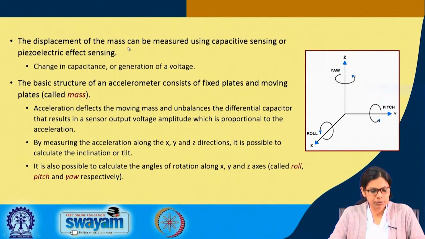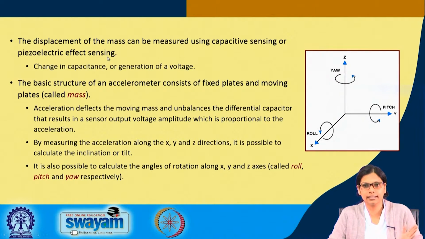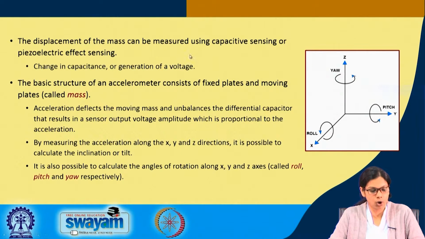The displacement of the mass can be measured using capacitive sensing or piezoelectric effect sensing. So, when this mass is moved from one point to another, it can be measured using either capacitive sensing or piezoelectric effect sensing. What basically happens is there is a change in capacitance or there is a generation of voltage through which it is measured.